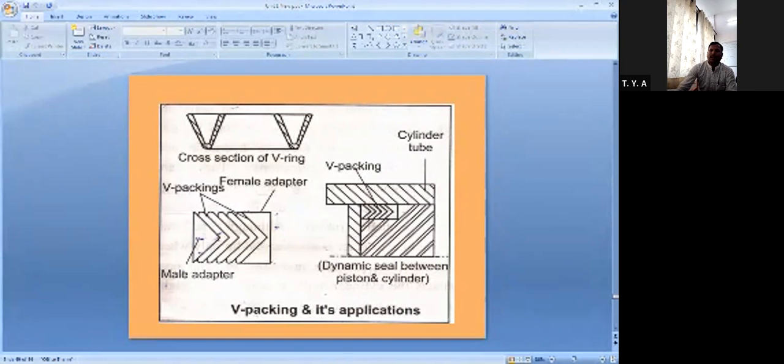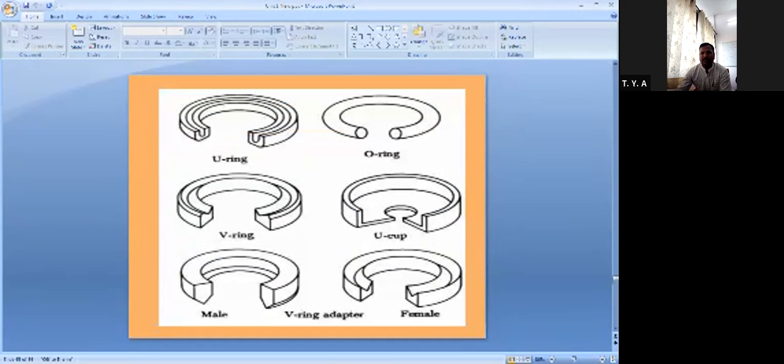Here in this V packing you can see the male adapter. That means inside you will get the V packing shape like that. Male adapter and female, you can check once again here. This is a female adapter.